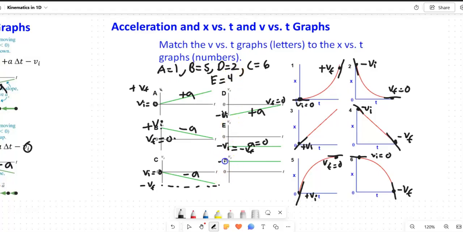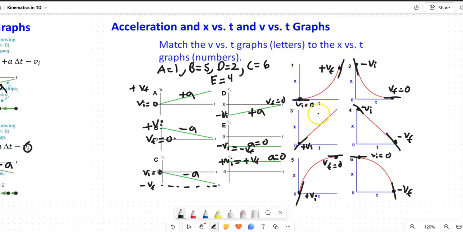F, we start off with a positive initial velocity. The slope is 0. So the positive initial velocity is going to be equal to the final velocity. So the initial velocity and final velocity are equal. That means our acceleration is 0.